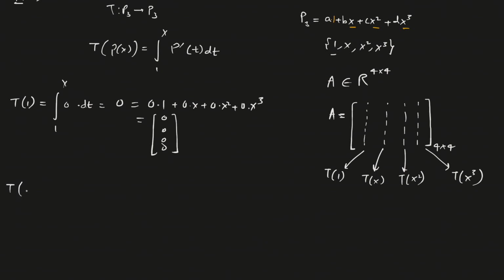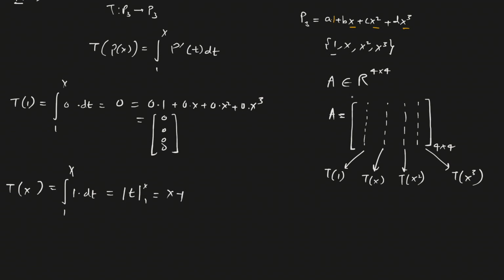Similarly, we will find the transformation of the second basis element, which is x. In this case, the first derivative of x is 1, 1 times dt, and then you take the integral of 1. The integration of 1 is nothing but t, and then you put limits 1 and x, so this becomes x minus 1, right?